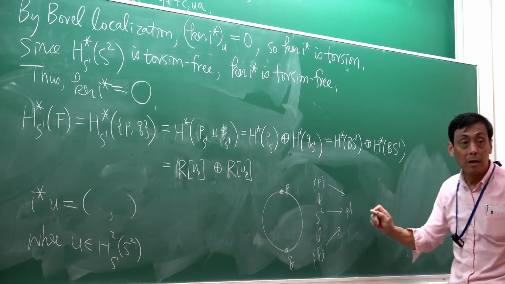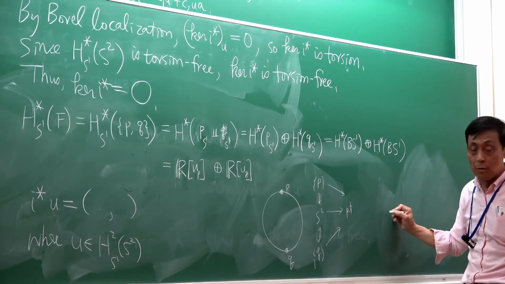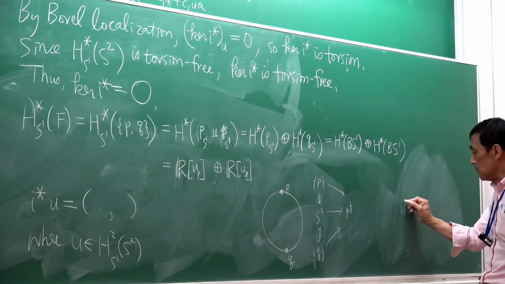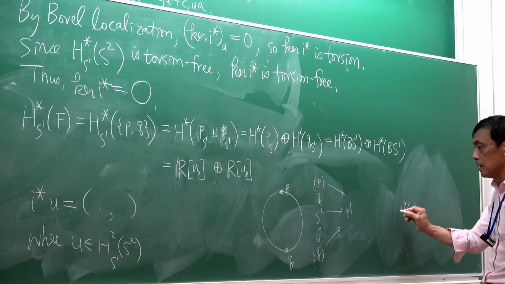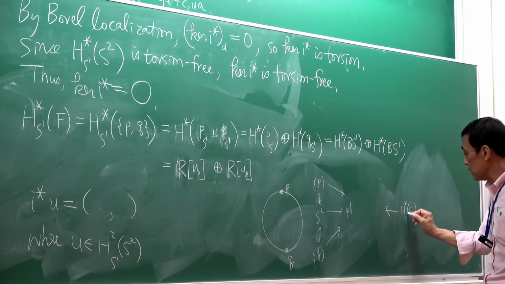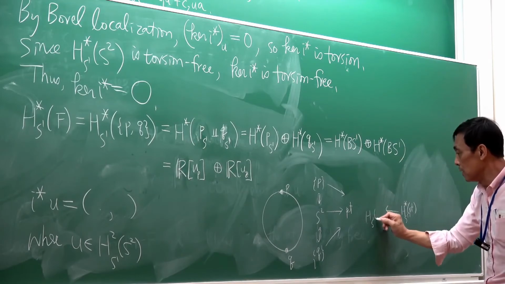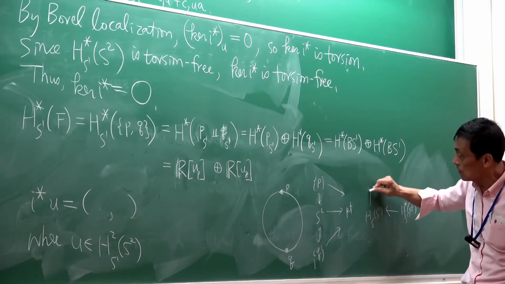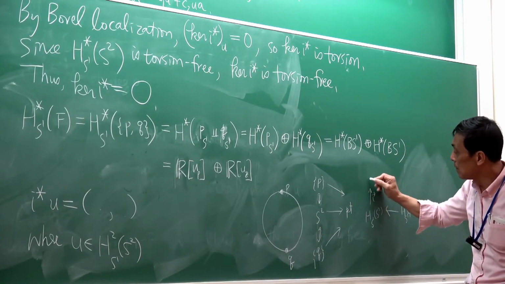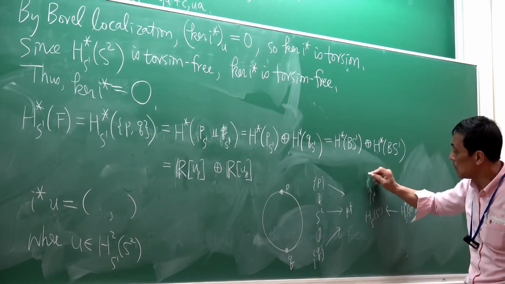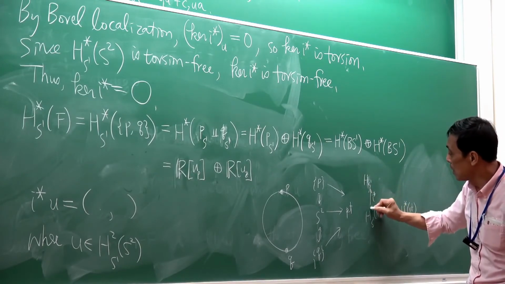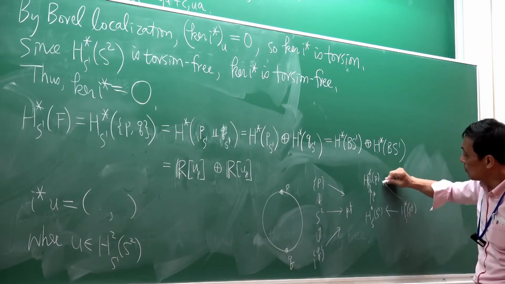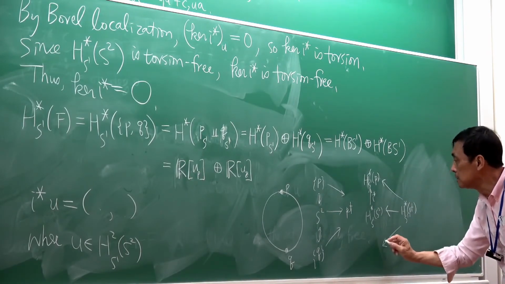So when you take equivariant cohomology, you have the equivariant cohomology of a point mapping to the equivariant cohomology of S2, and this inclusion becomes the restriction. Okay, you reverse all the arrows, right?